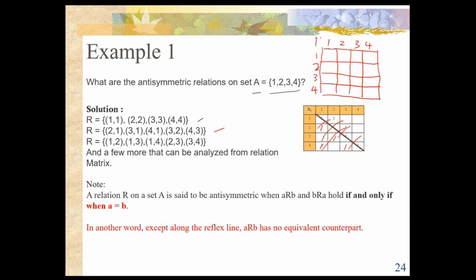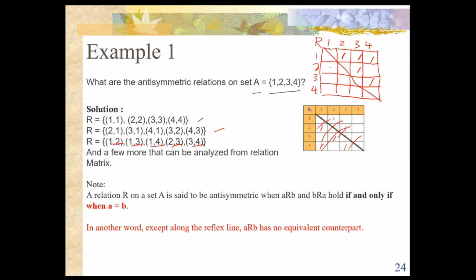third relation. So I start with 1,2, 1,3, 1,4, 2,3, 3,4. All right. And let's see whether this is anti-symmetric or not. Again, we always need to have the diagonal line.